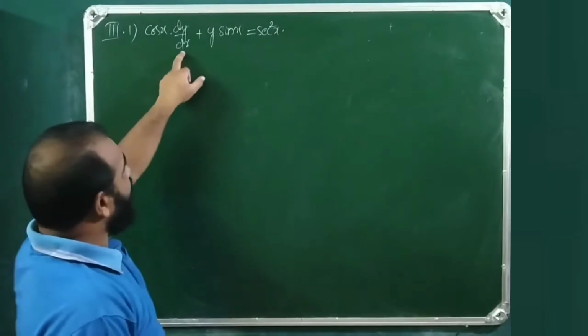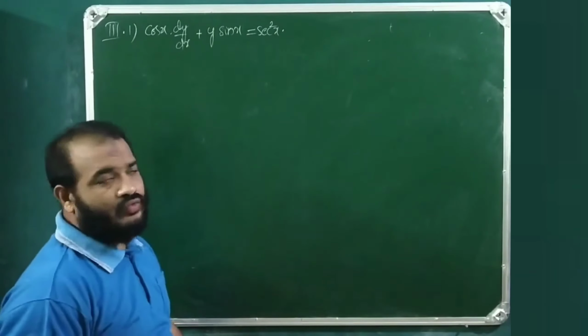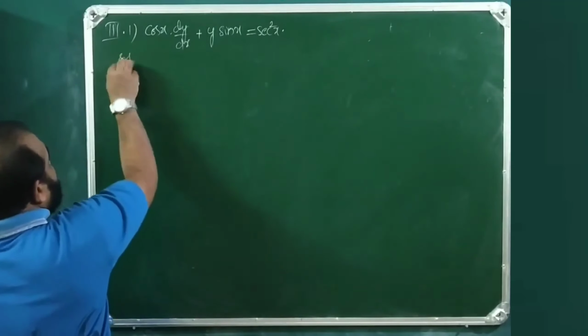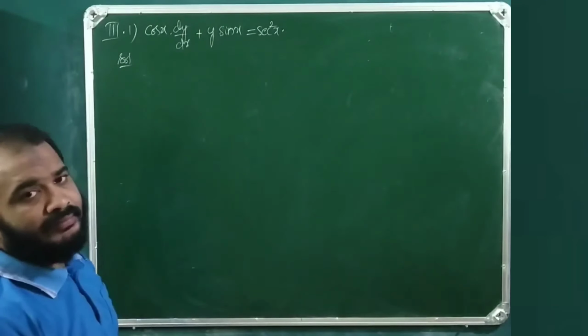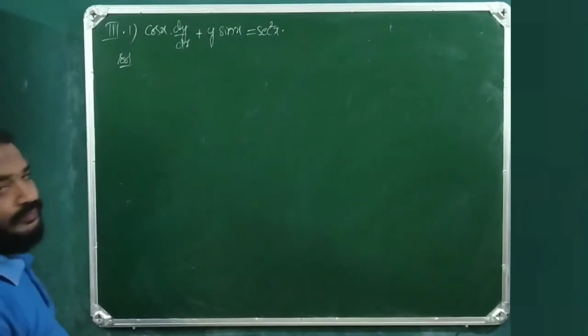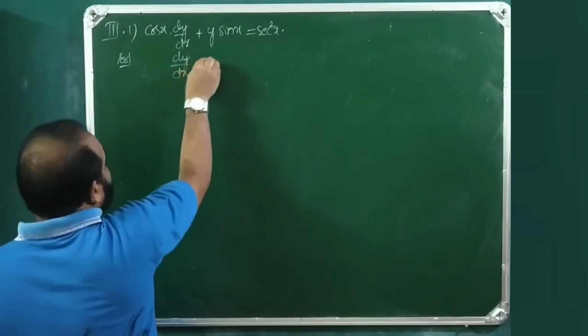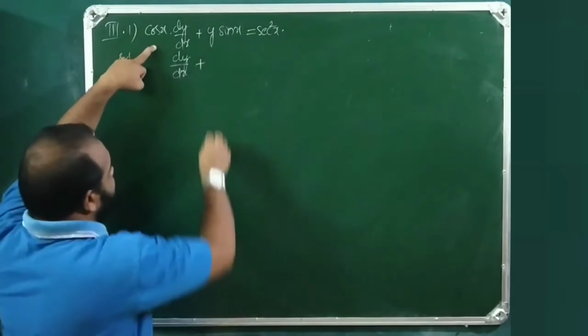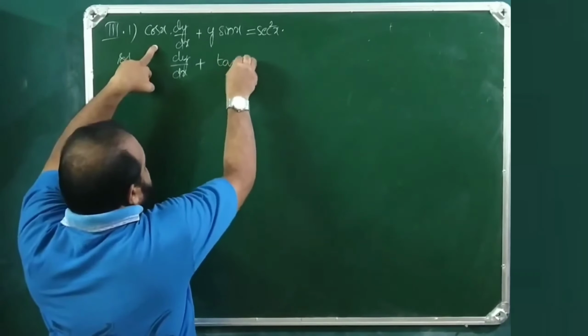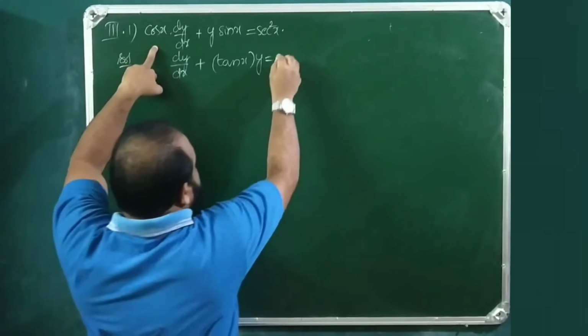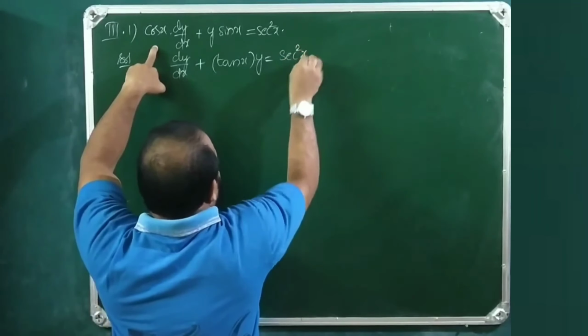Cos x into dy by dx plus y sin x equals secant square x. Third Roman, first problem. So let us divide this entire equation by cos x. Then we get dy by dx plus sin x by cos x, which is tan x, into y equals secant square x by cos x.